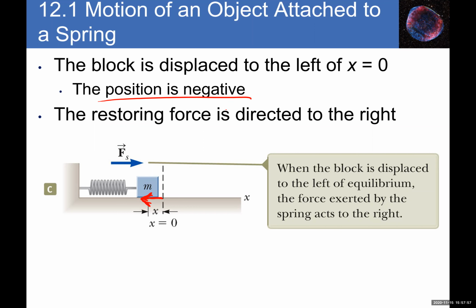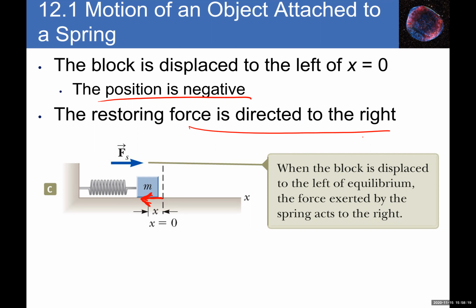If the position is negative, then the force is positive, which means it is pointing to the right. Again, why? Because that's where the equilibrium is. Force is always pointing toward equilibrium. That's why this is known as a restoring force. No matter where the object is moved, its purpose is to restore the system back to its equilibrium.